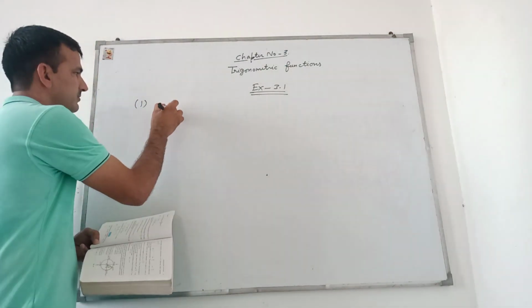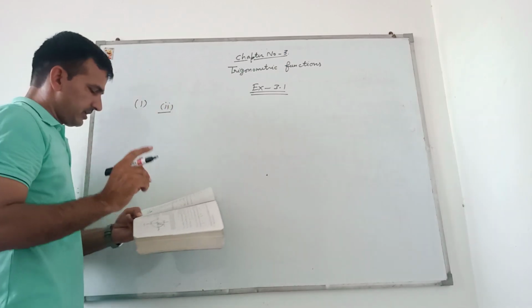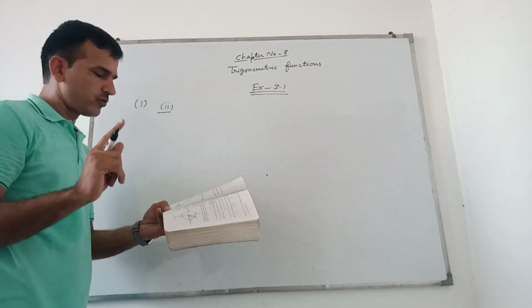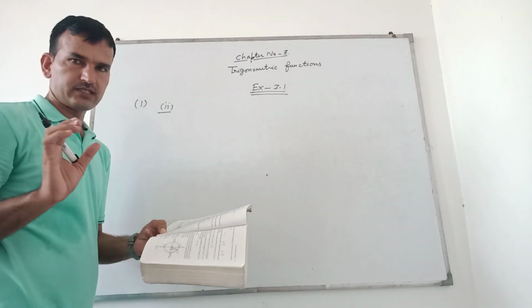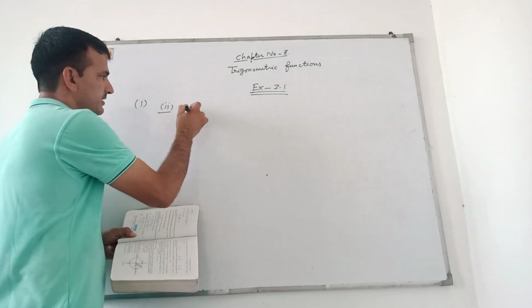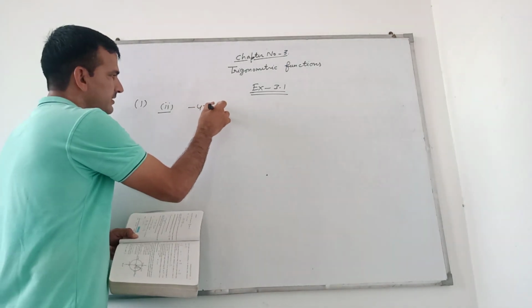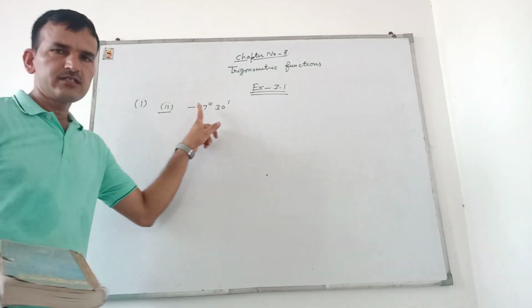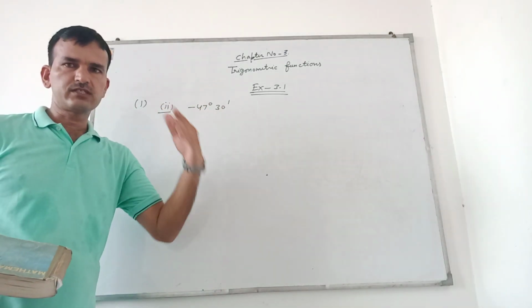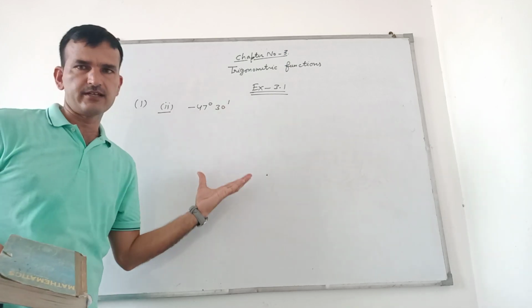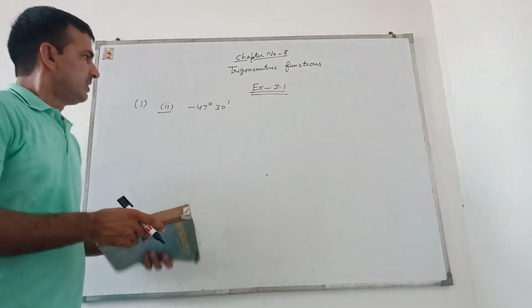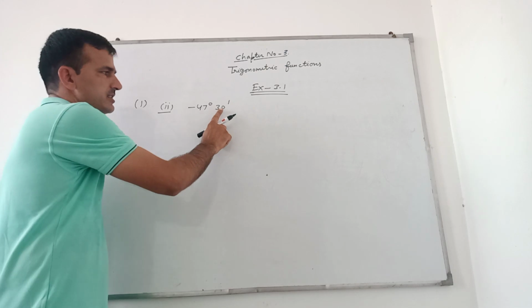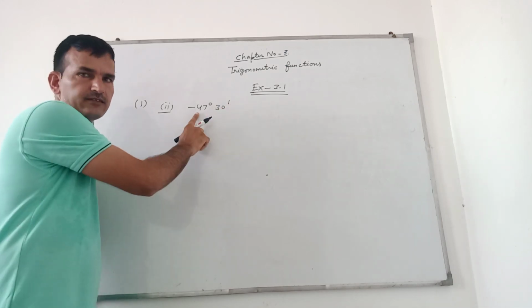Second part solve करते हैं. And first, third and fourth part you can solve easily yourself. First part is -47 degree 30 minutes. This angle is in degree. We have to change this angle into radian. First, change this minute into degree.